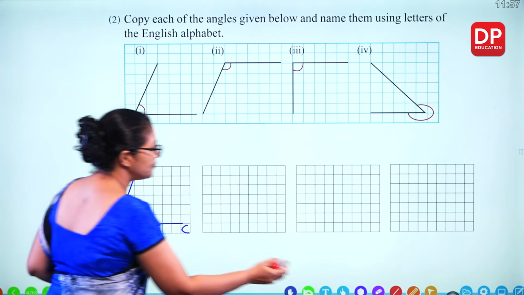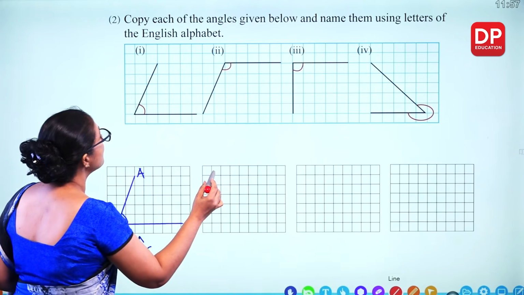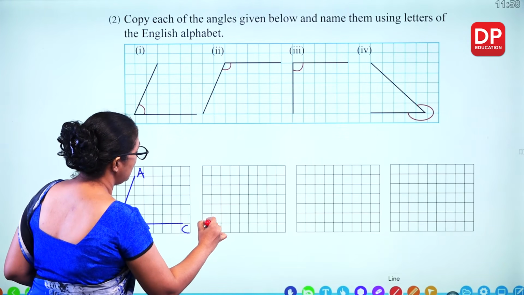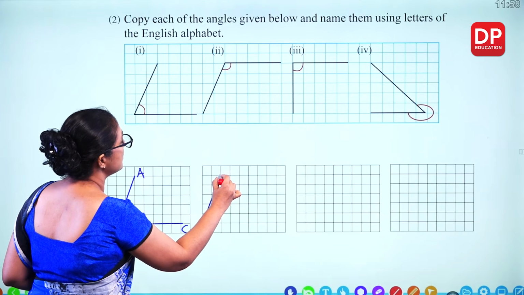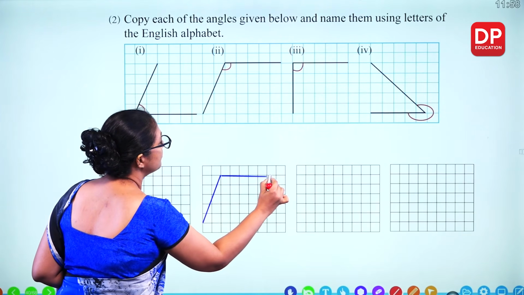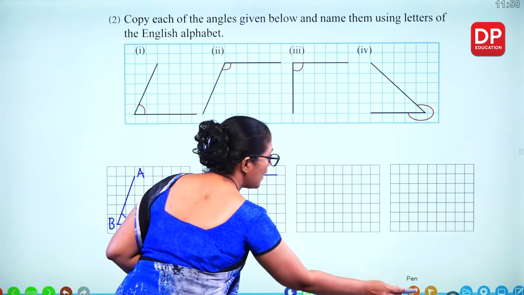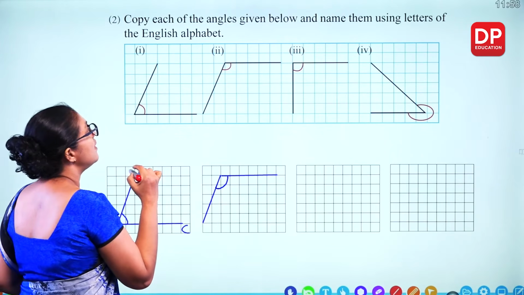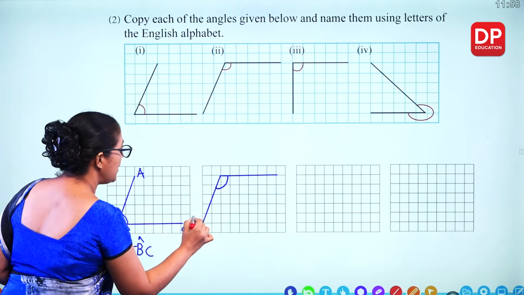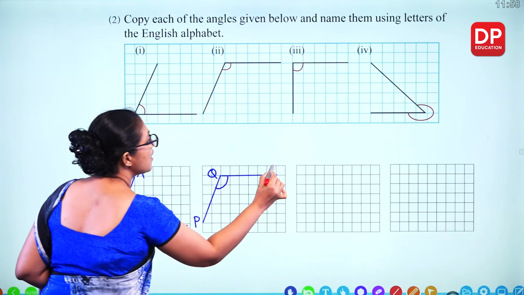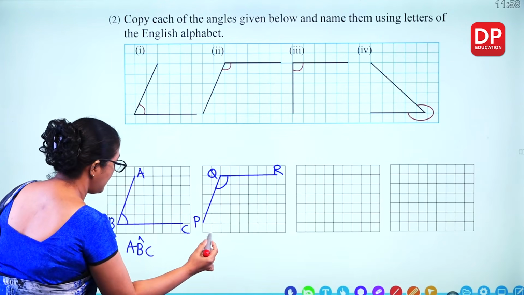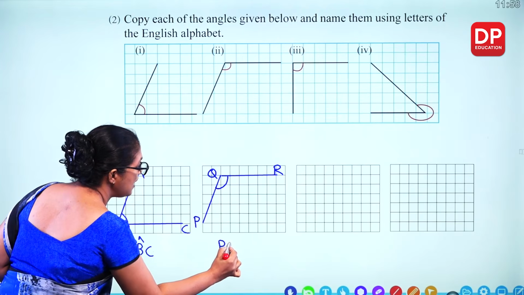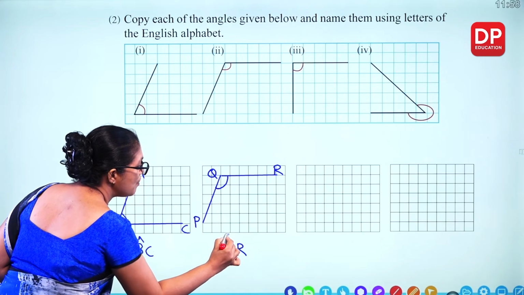This one, you can draw an angle like this, an obtuse angle. Draw an angle like this here, and we can label PQR. And here, what's the angle? PQR, and we put a hat there.